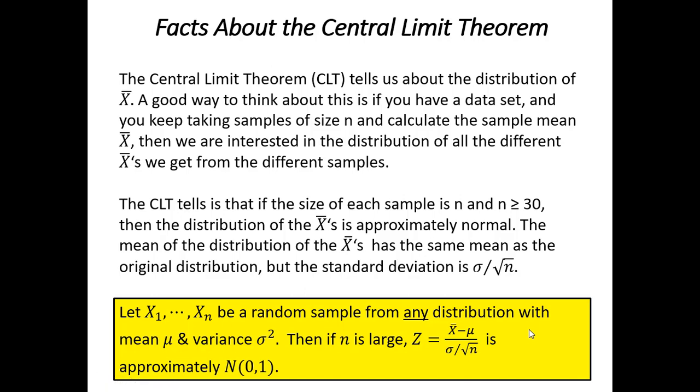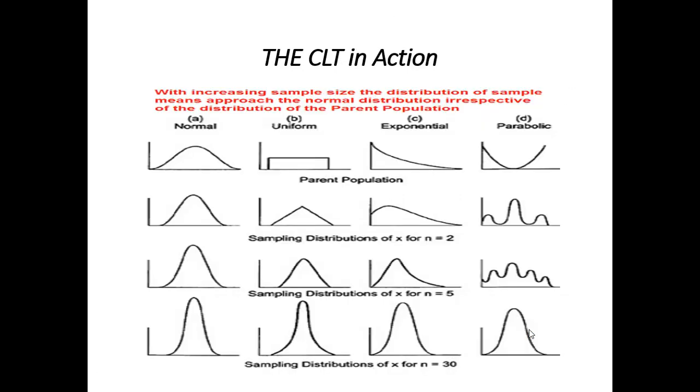Yet another way to think about the theorem is visually. Let's take a look at what happens as the sample size gets larger. Okay. Well, if we start with a normal distribution, and you just look at individual values in the distribution, this would be the graph. If we start looking at samples of size 2 and we graph the sample means, you could see this is the graph.